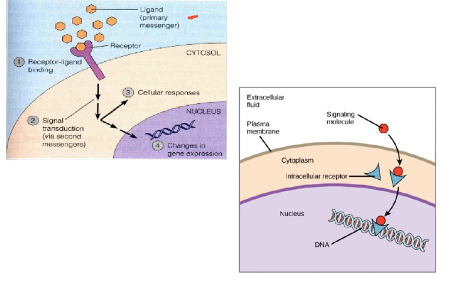Ligands are primary messengers and they will attach to a receptor on the cell surface membrane, and this is the cytoplasm or the cytosol. That results in one, receptor by ligand binding, number 2, signal transduction by a second messenger, and then cellular responses and changes in gene expression. While there's another one here: extracellular fluid, plasma membrane, signaling molecule, cytoplasm, intracellular receptor.